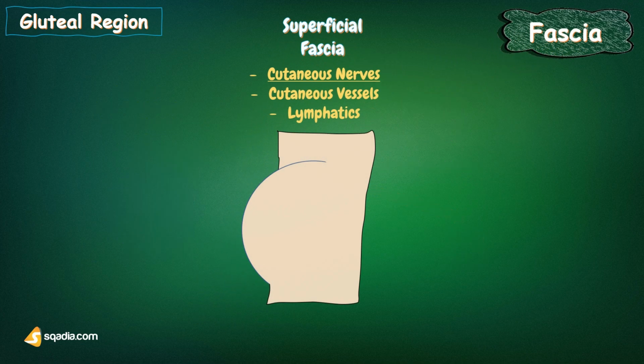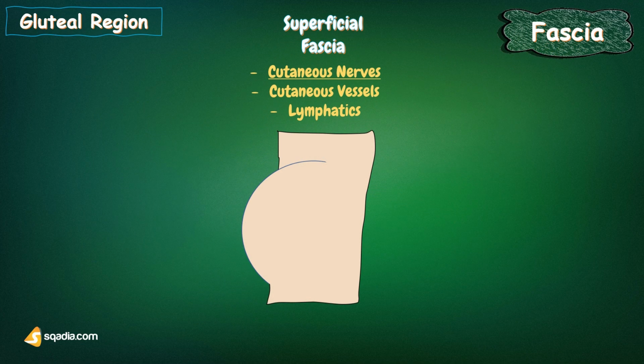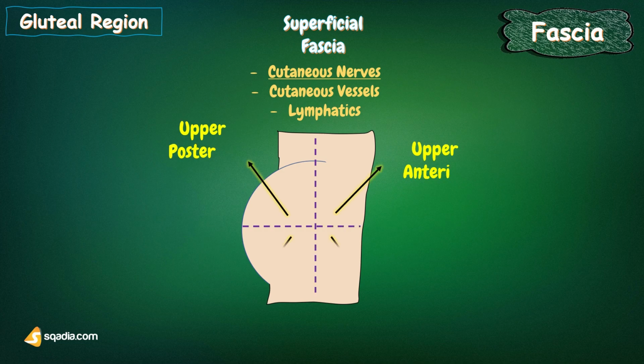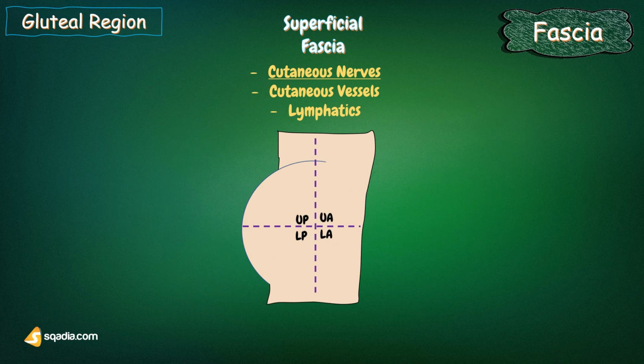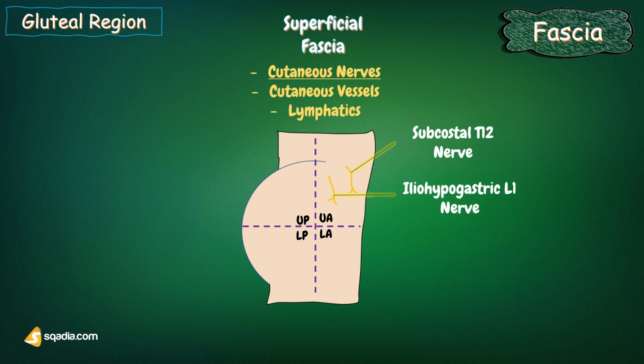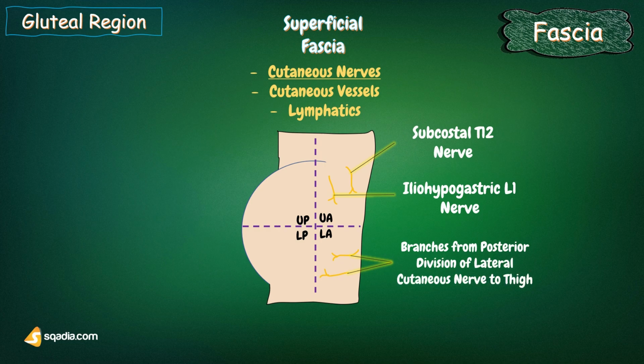To understand the innervation of the cutaneous nerves, the region is divided into parts: upper and lower anterior, upper and lower posterior, as shown here. The upper anterior part is supplied by the lateral cutaneous branches of the subcostal T12 and iliohypogastric L1 nerves, while the lower anterior part is supplied by branches from the posterior division of the lateral cutaneous nerve of the thigh.